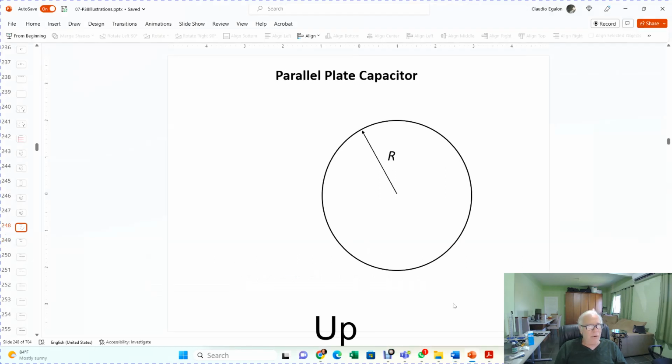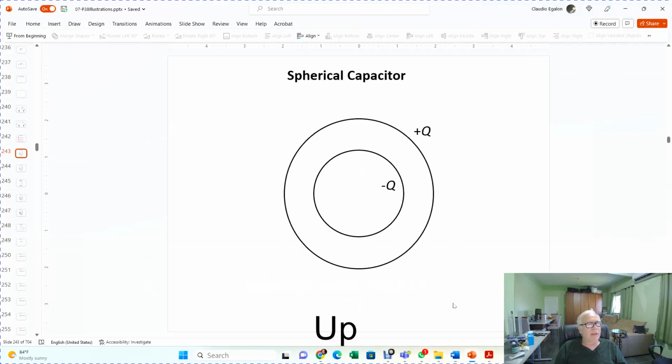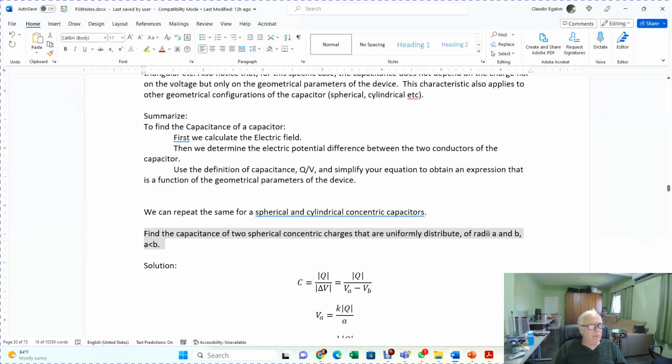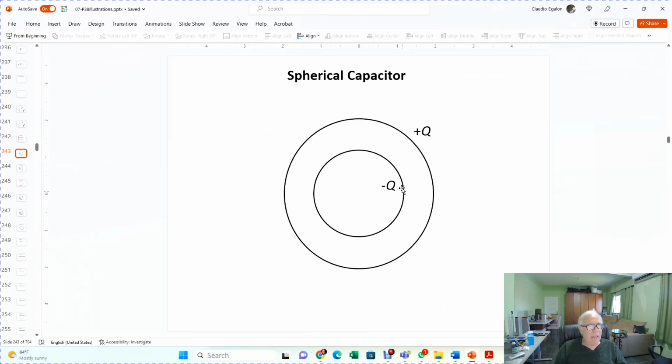Okay? So we start with the spherical concentric capacitor. The illustration is the one that you saw initially. Here you go. Those are 2 spheres of radius A and radius B. Okay, and we go ahead and solve, writing down the capacitance equation: VA minus VB, the electric potential of this surface minus the electric potential of that surface.